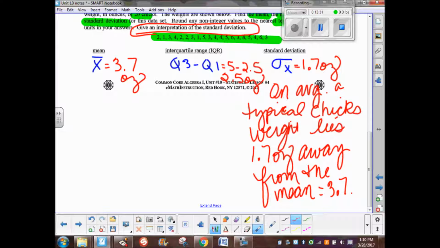On average, a typical chick's weight lies 1.7 ounces away from the mean weight, which was 3.7.